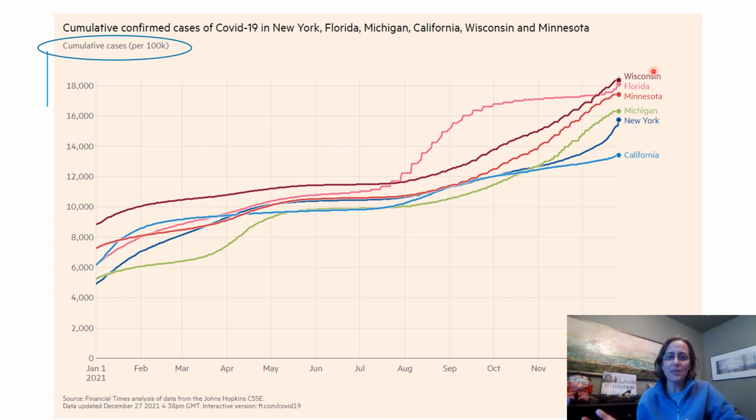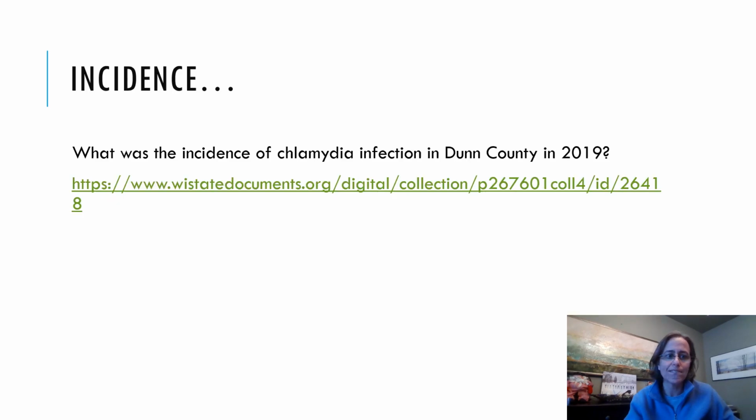So a higher percentage of our population got infected with COVID-19 compared to California. So just make sure to always control for the whole number of the population at risk. So look at rate, not total numbers for incidence.